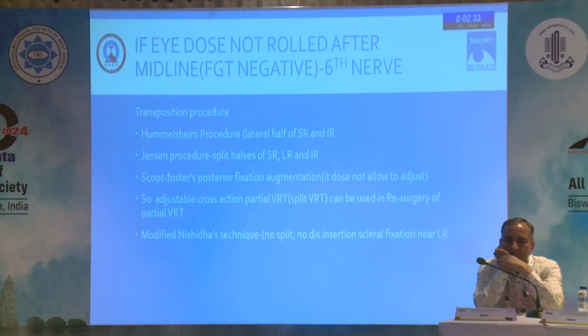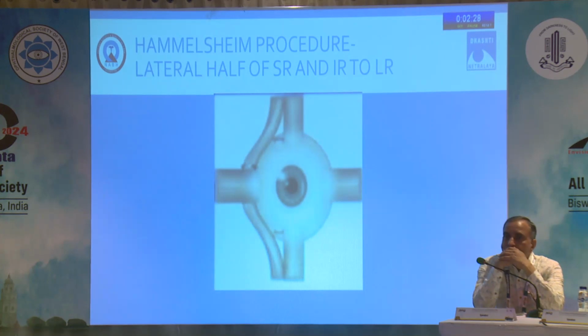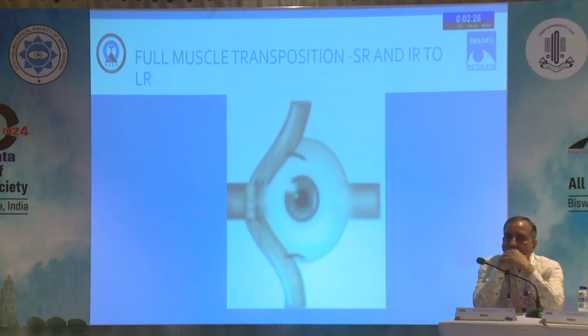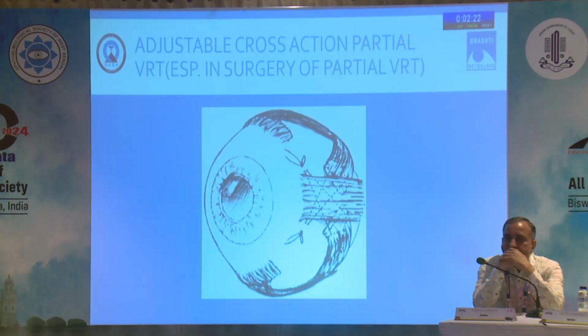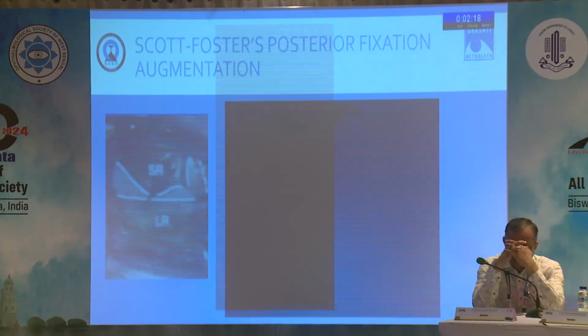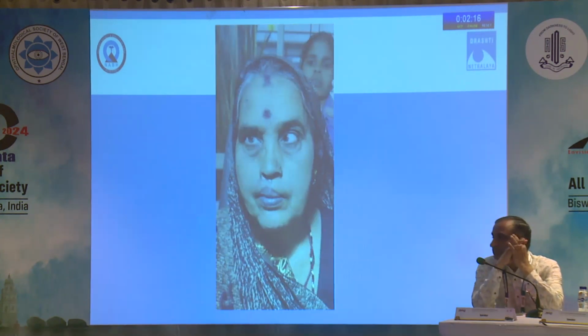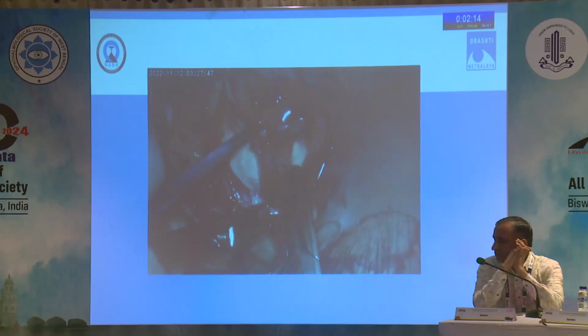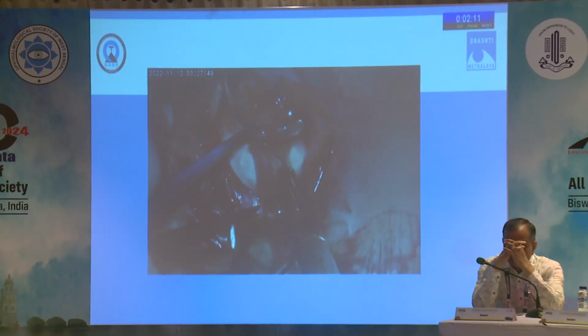So again, you have to see that the FGT is not past midline. You can do a Hummelsheim procedure, full muscle transposition, Jensen procedure, adjustable cross section VRT, partial VRT, and Scott's posture suture. So in this patient we had a sixth nerve palsy.